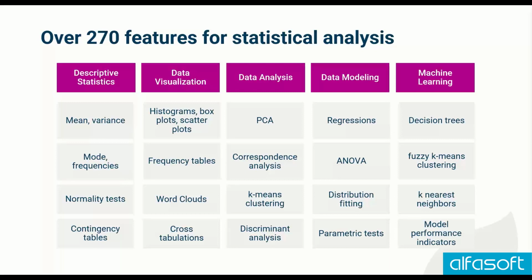For data analysis, for example, there's principal component analysis, PCA, which is a very popular one. For data modeling, we have a large number of regressions, analysis of variance, parametric tests, as well as machine learning modules. These are some of the most common analyses, and we'll be visiting some of them. I'll show you some of the functionality when we get into the examples.